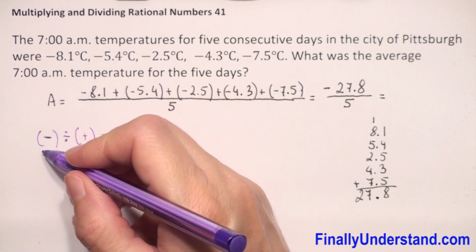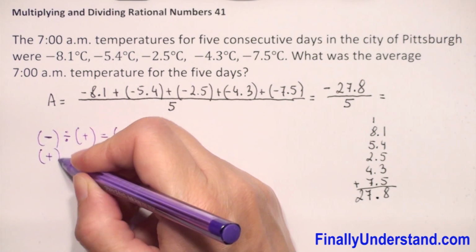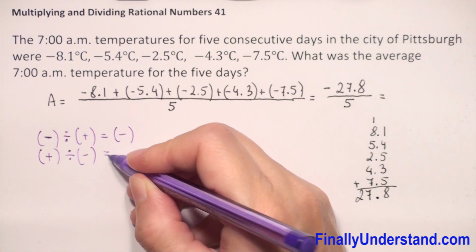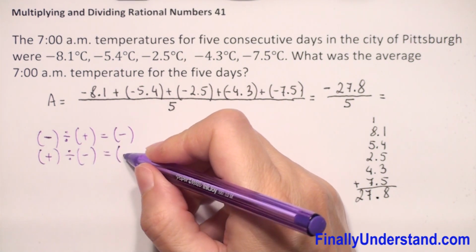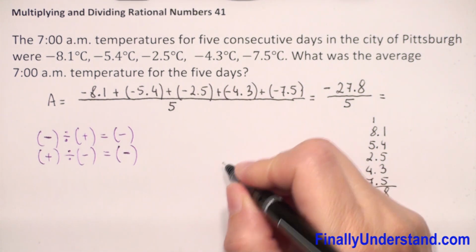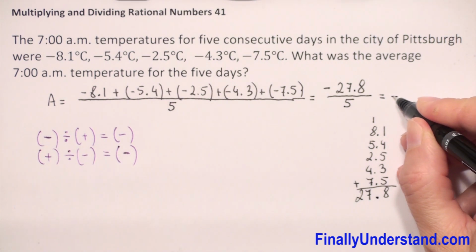It doesn't matter if numerator or denominator is negative. It's the same as for multiplication. The result is negative. So we have to divide. Like I said, negative or positive, the sign will be negative.